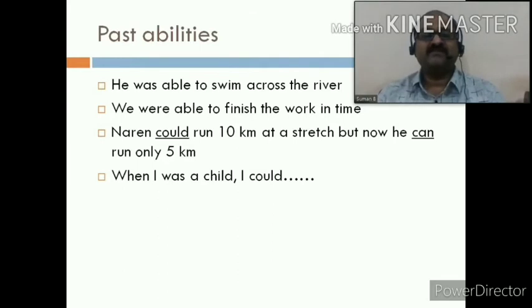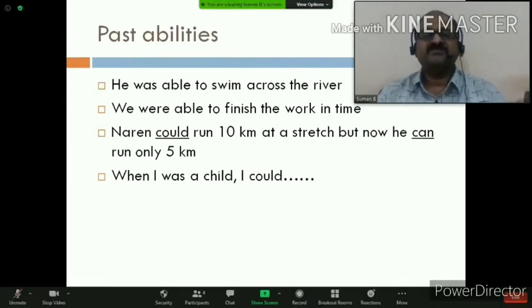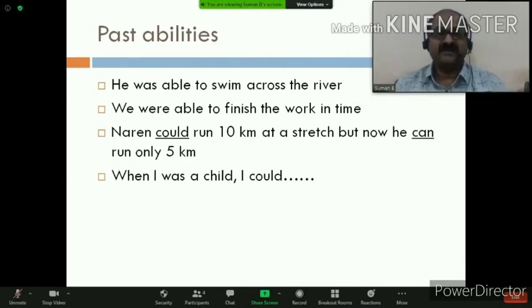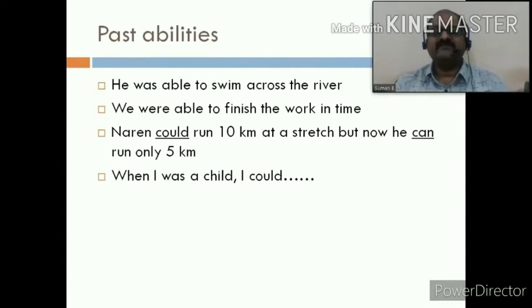For example, he was able to swim across the river, right? It is just a past action, somebody's ability to do an action in the past. So if it is able to, we just say was or were, depending on whether the subject is singular or plural. So he was able, we were able to finish the work in time. You are just referring to a past action.